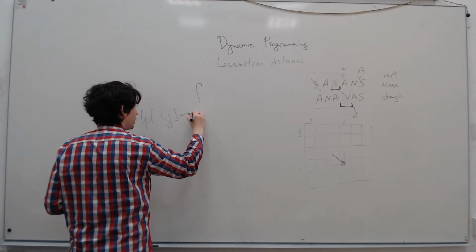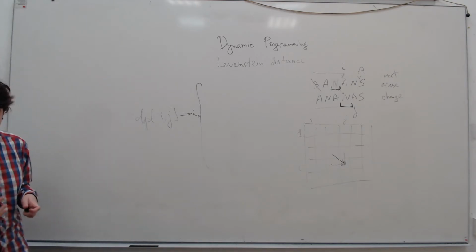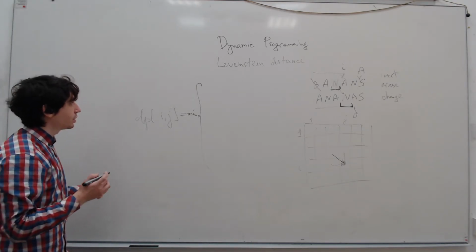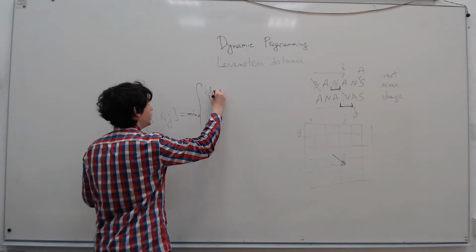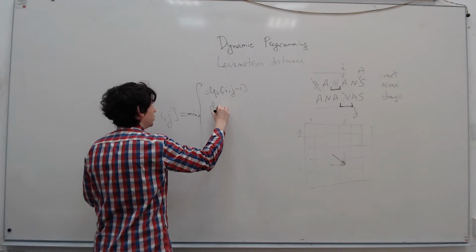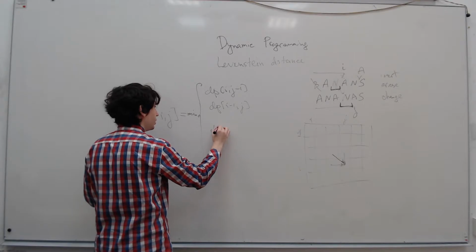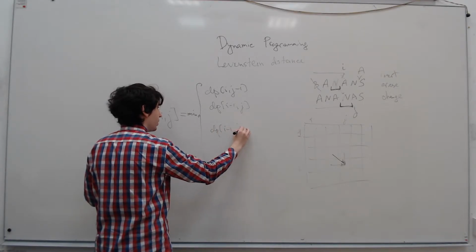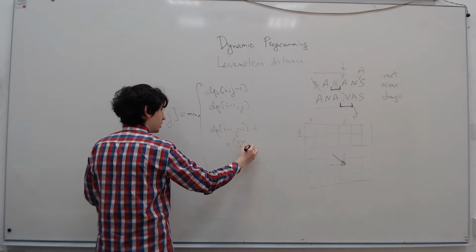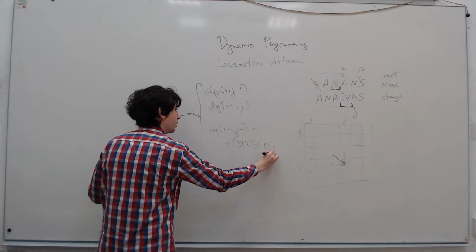That is how you get to the answer. Now you calculate the minimum because you want to understand the minimal value of their Levenshtein distance. So you calculate the minimum of dp[i][j-1], dp[i-1][j], and dp[i-1][j-1] plus (s[i] not equal to s[j]).